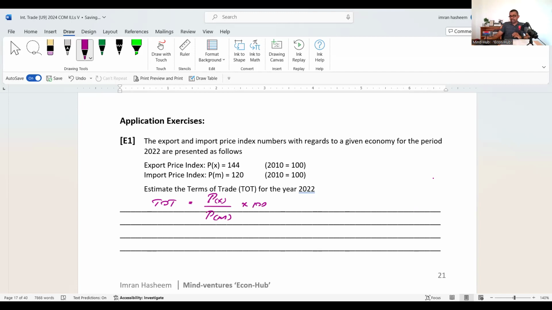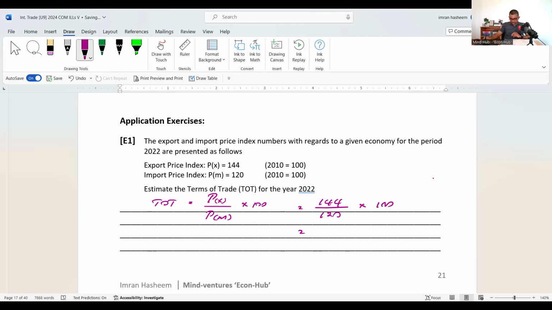So you apply the values. Basically, you end up with the export price index of 144, divided by the import price index of 120, multiplied by 100.